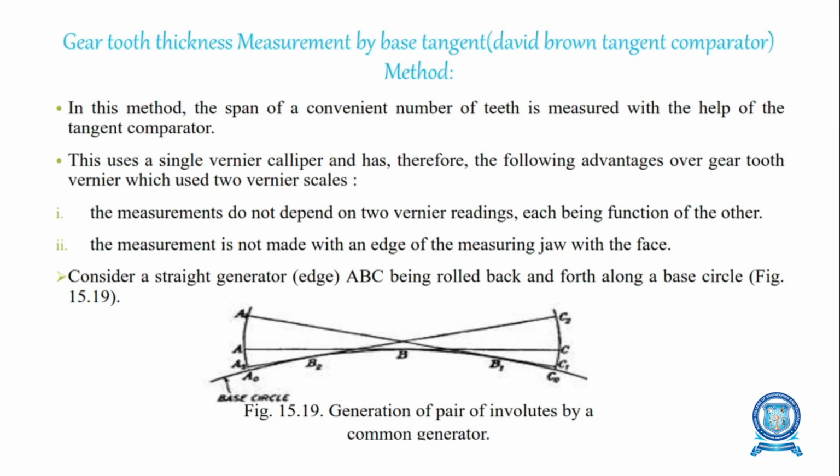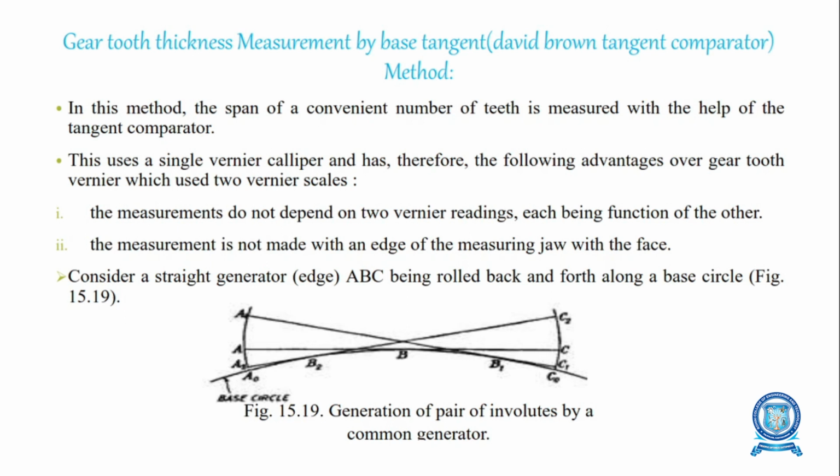The advantage of this method is that the reading depends only on one vernier reading, unlike the gear tooth vernier caliper where two vernier readings are recorded. So comparatively, it is better than the gear tooth vernier caliper. A span of a convenient number of teeth is measured with the help of the tangent comparator.